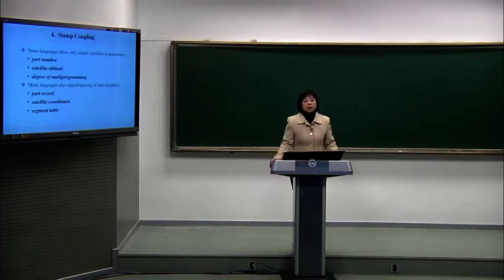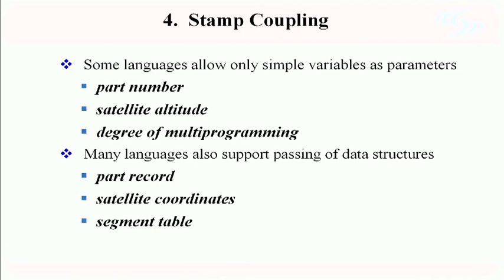Level 4, stamp coupling. Some languages allow only simple variables as parameters, such as part number, satellite altitude, degree of multiprogramming, and so on. Well, many advanced languages support passing of data structures, such as a record, or coordinates, or a table, and so on.